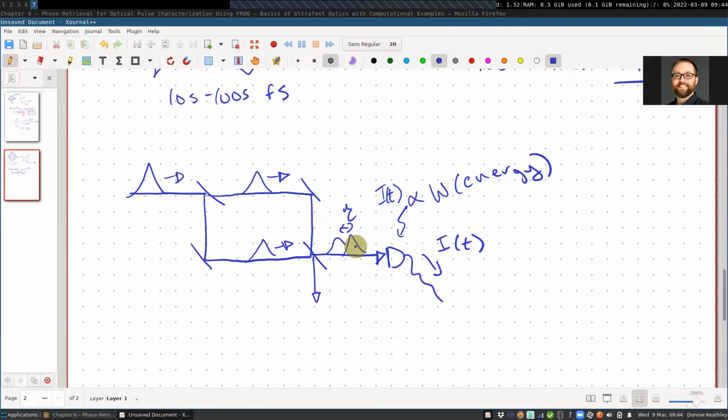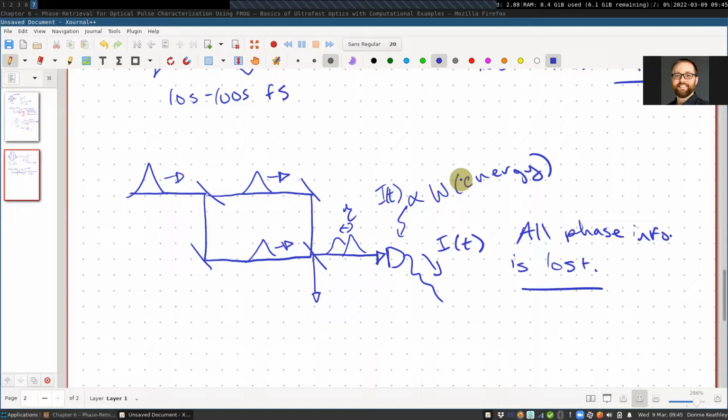It may not be completely obvious and intuitive, but you can take my word for it. I think it's beyond the scope of this discussion today, but we can just say all phase info is lost, in particular when this current is proportional to energy.